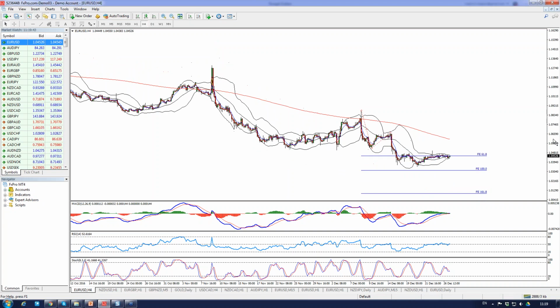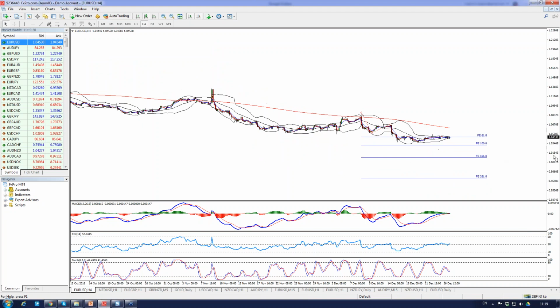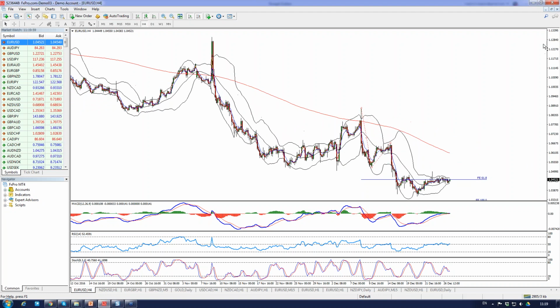And we got 3 lines: 61.8, 100, and 161.8. There is one more that is 261.8, but that's for expanded cycles with longer options trading. Not something that I really recommend to deal with. We don't need it.